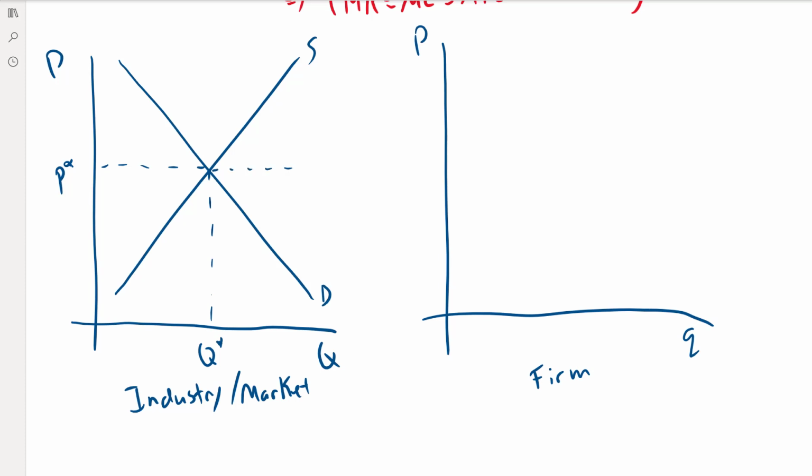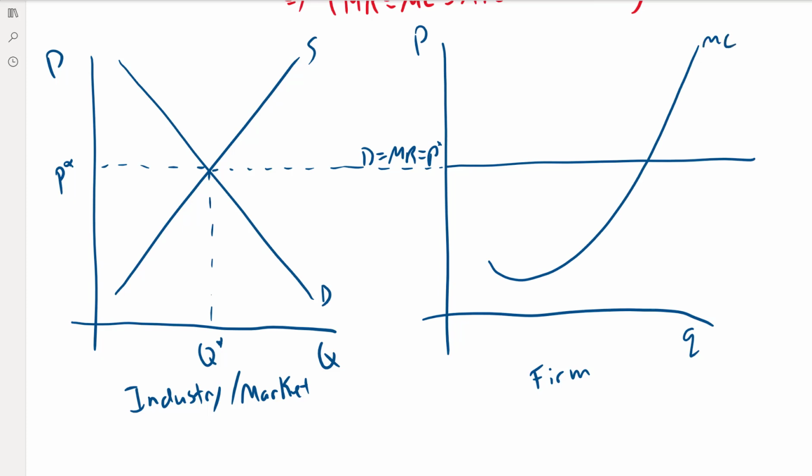This is our firm over here, the small q. Our firms take the industry price as given. So here's our demand equals marginal revenue equals price. Here's this marginal cost curve we've been drawing. So it's downward sloping at the beginning because of increasing marginal product, and then that diminishing marginal product kicks in and it starts to increase.